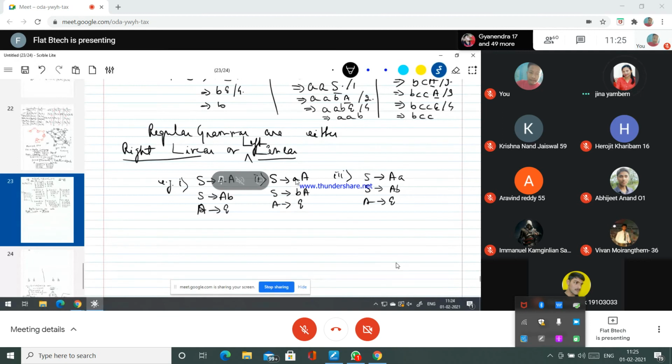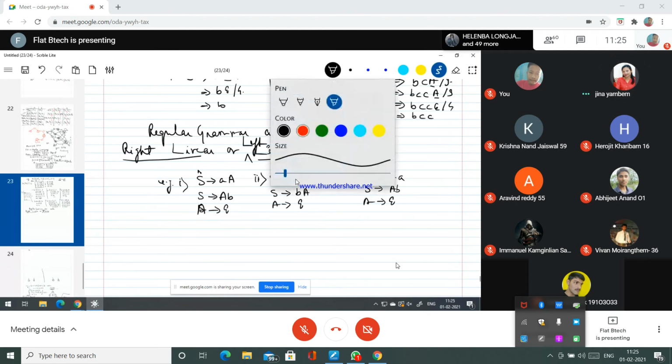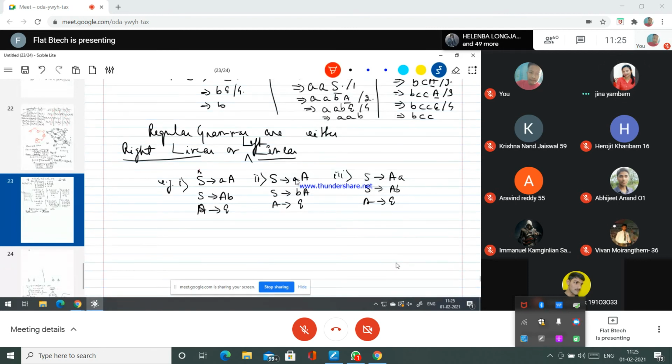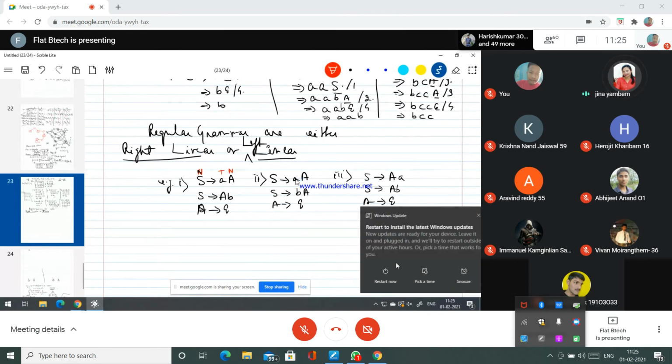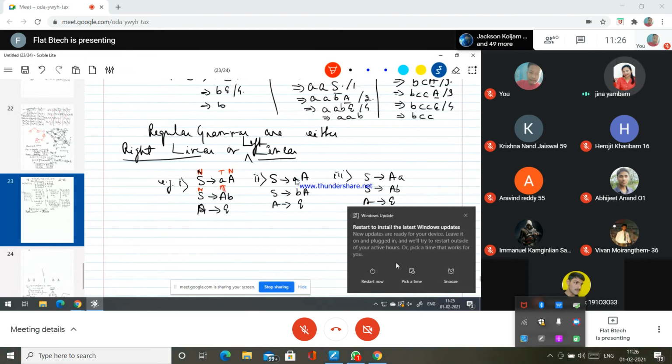Now how to check that? Let me use a different color. This is N, this is T, this is N. This is N, this is T, this is N, this is T. This is N, this is epsilon.